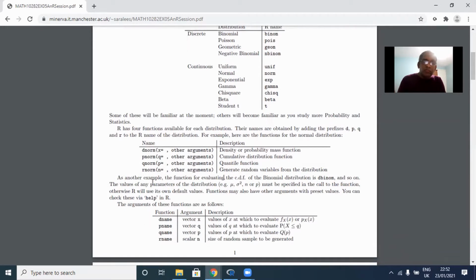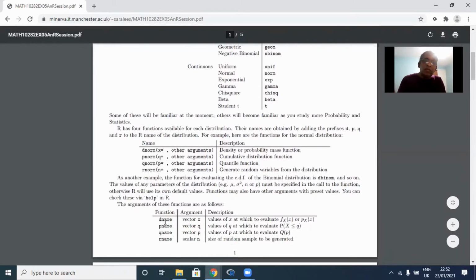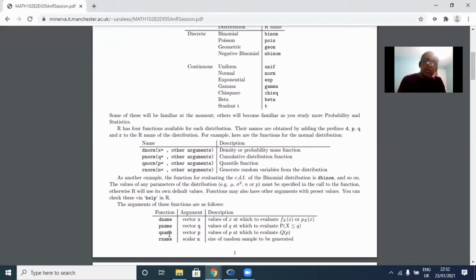Once again, this is for the normal, but in general, dname will compute the density of the distribution specified by name. The name can be one of these names. Pname will compute the CDF, qname will compute the quantiles, and rname will generate random numbers from the distribution. N here specifies the number of random numbers.